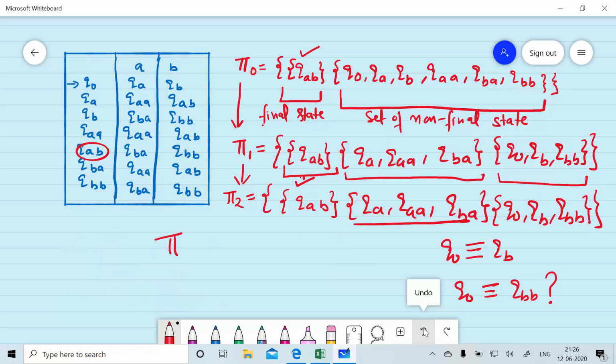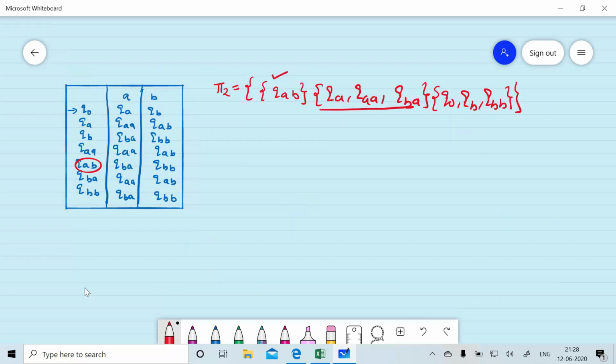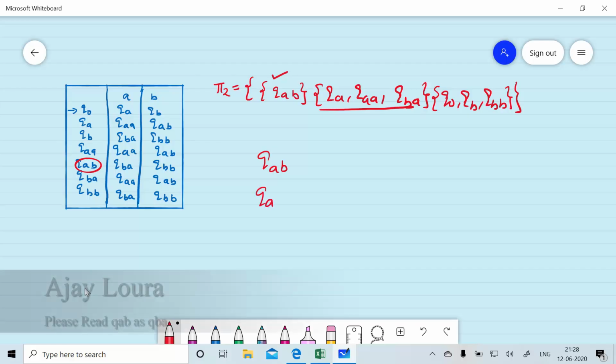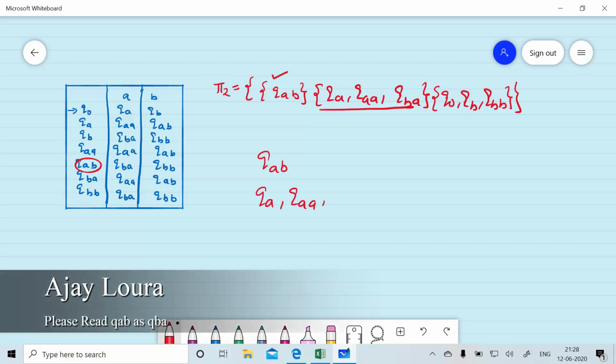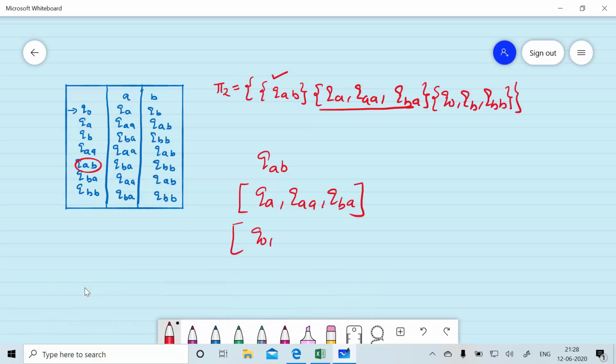We can observe that pi 1 is equal to pi 2, so we will stop our process here and design the minimized DFA. Our minimized DFA will consist of three states: QA, QAA and QBA; QAB; and the third state is Q0, QB and QBB.